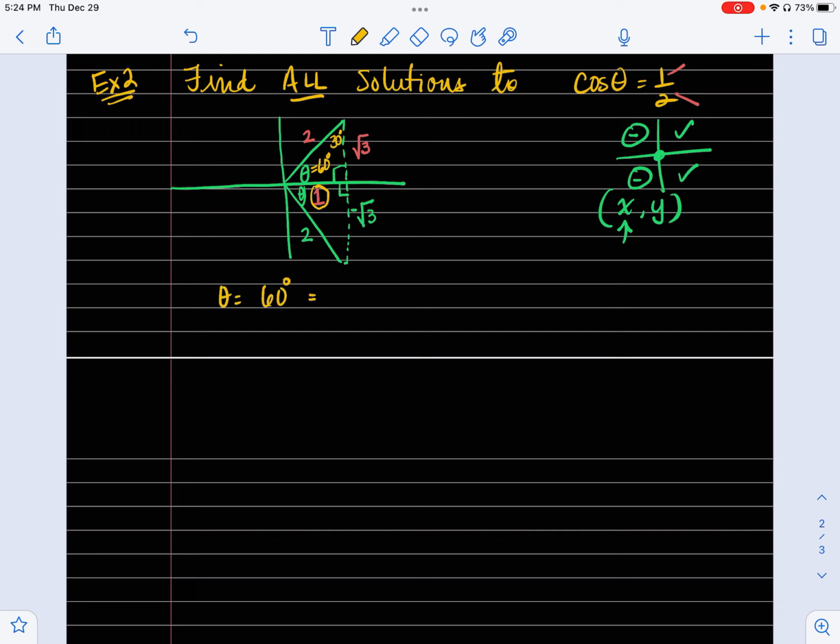So that would represent 5 pi over 3. In degree world, that would be 360 minus 60, which is 300 degrees. And in radian world, that would be 5 pi over 3. Basically, 5 times 180 over 3. 3 goes into 180 60 times, and 60 times 5 is 360 degrees.